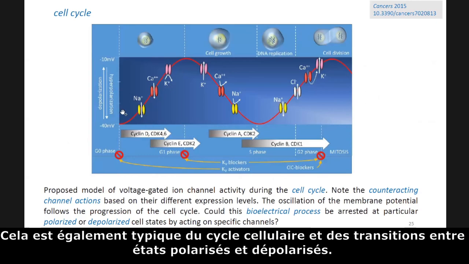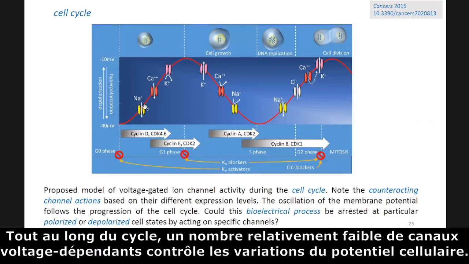In the cell cycle and the transitions from the polarized cell state to the depolarized cell state, we see that along the cycle and along these transitions, a relatively small number of voltage channels are controlling the changes of the cell potential along the cell cycle.